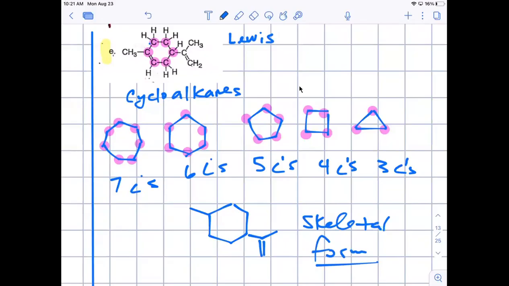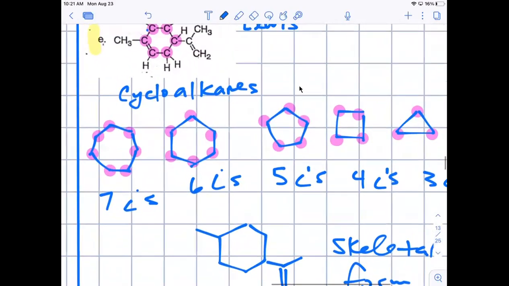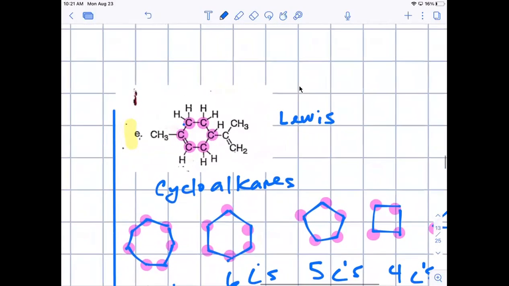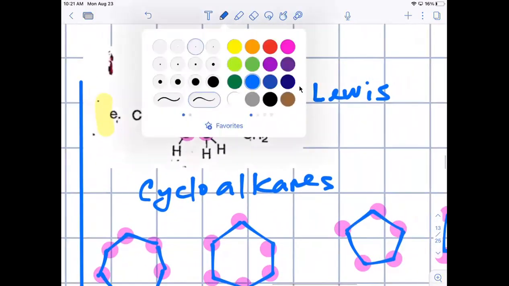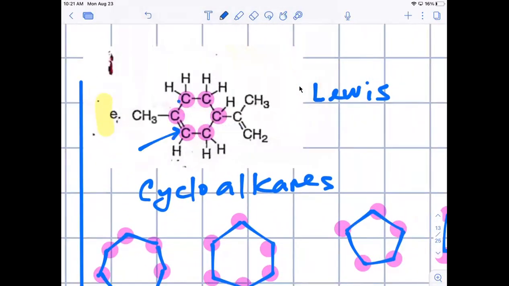Oh, I'm missing something. You see what a CH3 group is? The carbon is connected to... what am I missing? Which one? Right here. That's a double bond, isn't it? Yes.